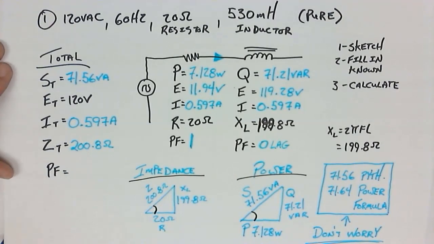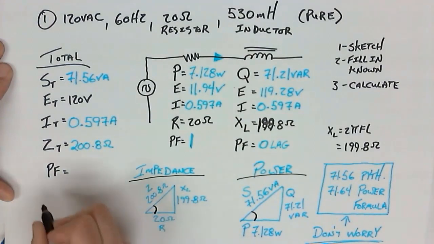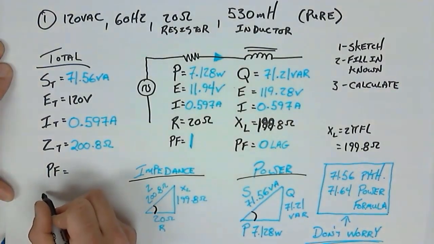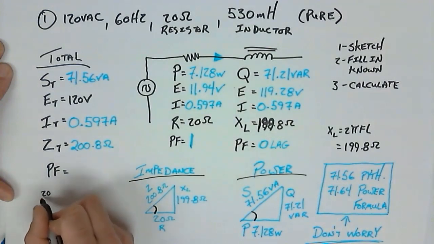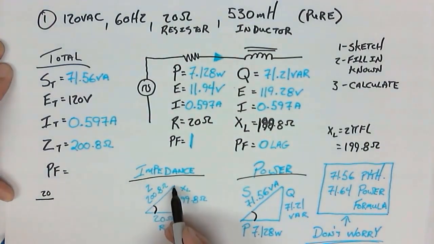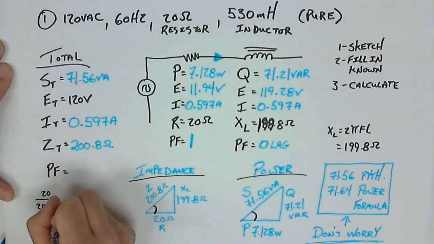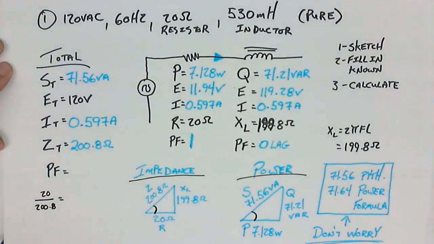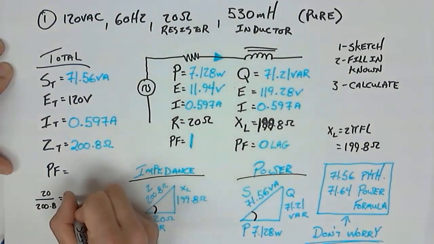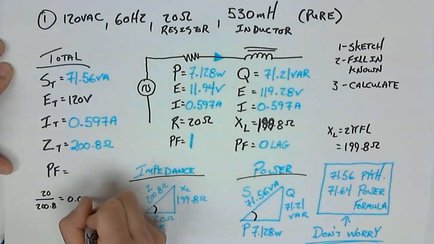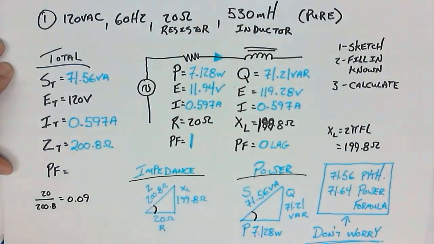We could calculate the power factor by taking the impedance values. So power factor could be equal to 20 divided by the hypotenuse, 200.8. 20 divided by 200.8 gives me 0.09.